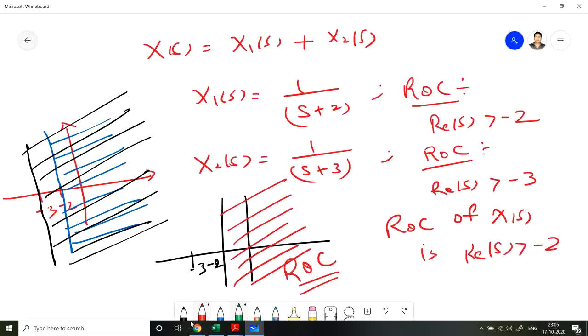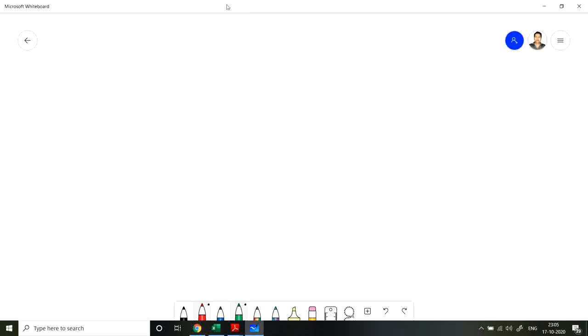Now the important conclusion is that this is clearly a right-sided signal.